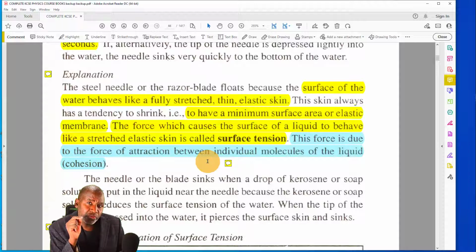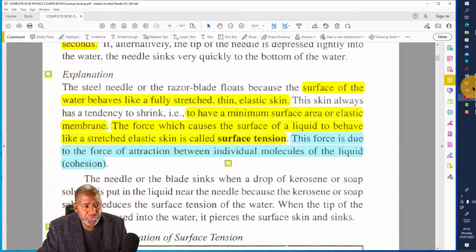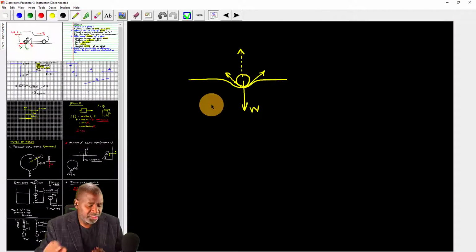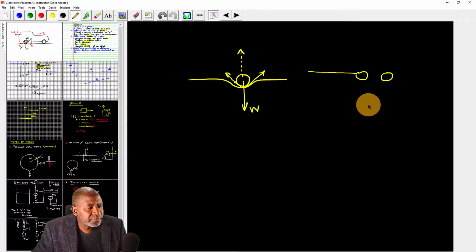Let's look at molecules which are on the surface of the liquid. Let me use this space here. You can think about this being the surface of the liquid, and there is a molecule here. There is another molecule here on the surface of the liquid, and there is one which is inside the liquid.